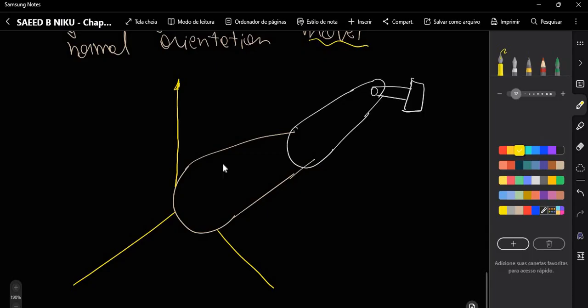I forgot to draw the base. Right here we have a base, and this robot arm is fixed on this base. So we have this reference system at this fixed point.